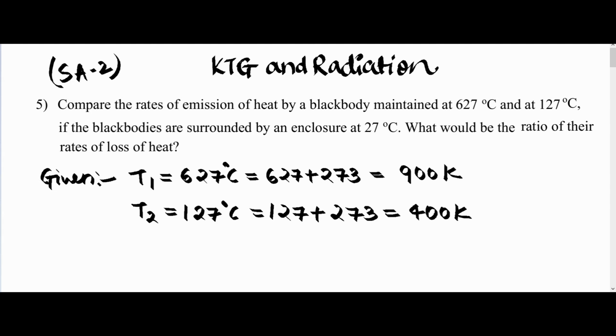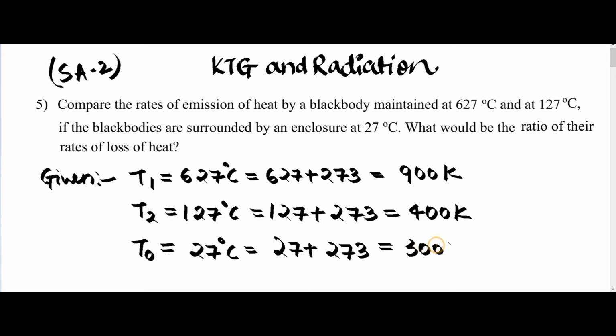Now the black bodies are surrounded by an enclosure of 27 degrees Celsius. That is, surrounding temperature now becomes 27 degrees Celsius. So let us take it as T0 is equal to 27 degrees Celsius, which is equal to 27 plus 273 equals 300 kelvins.